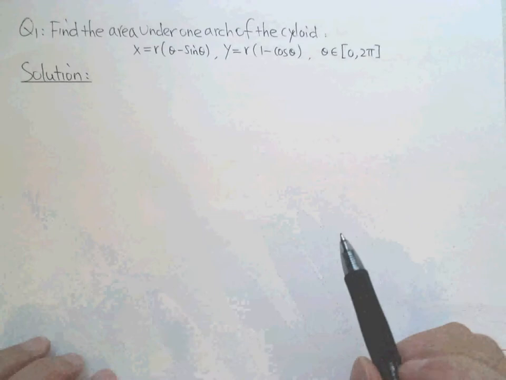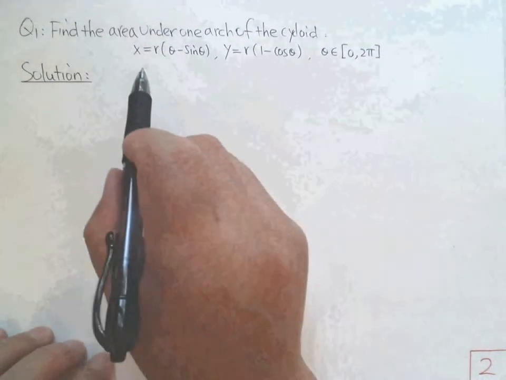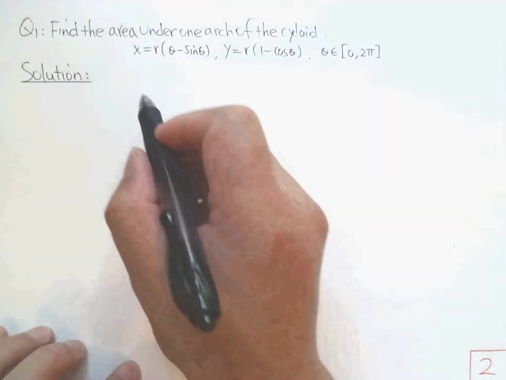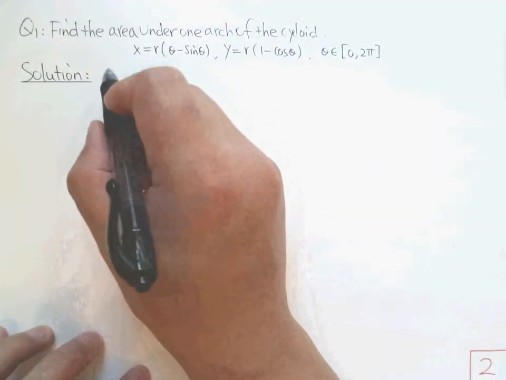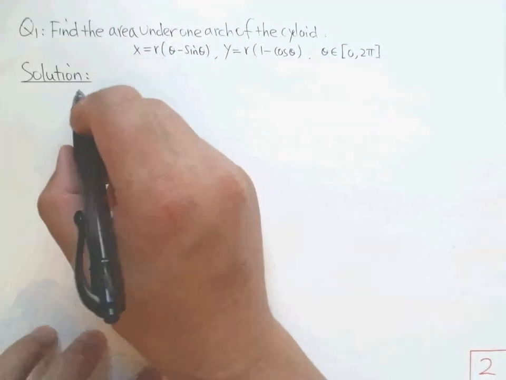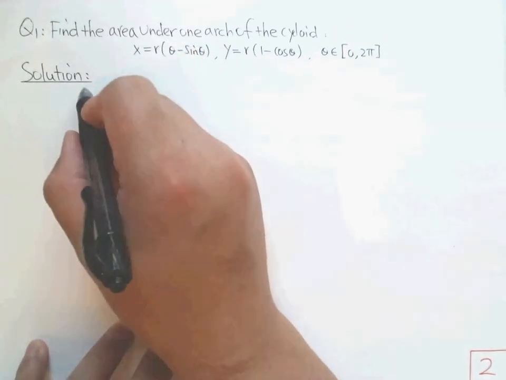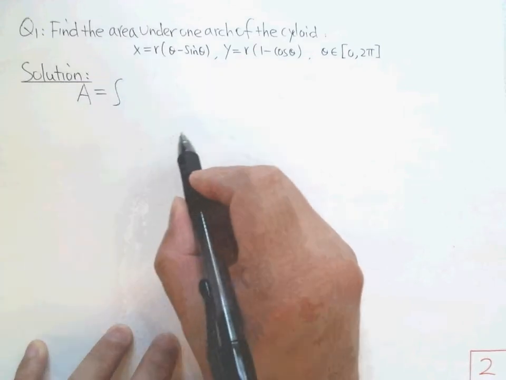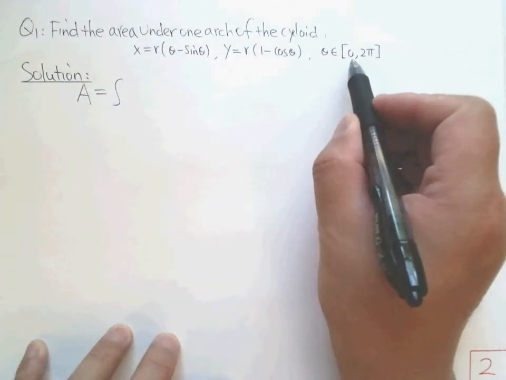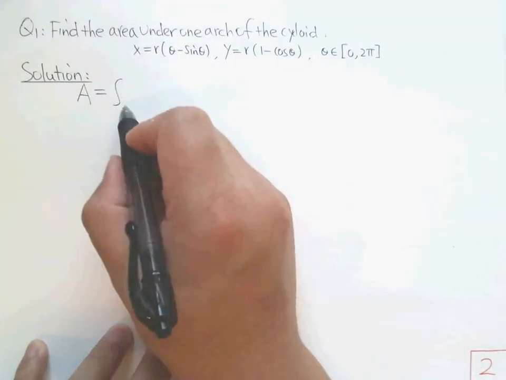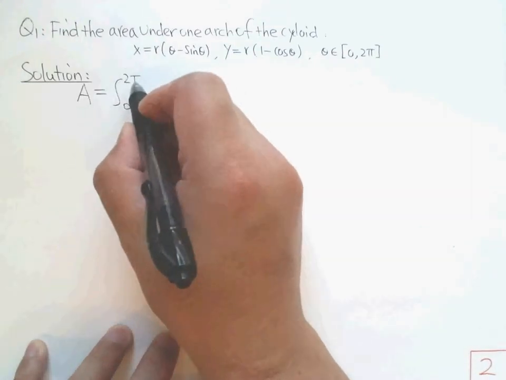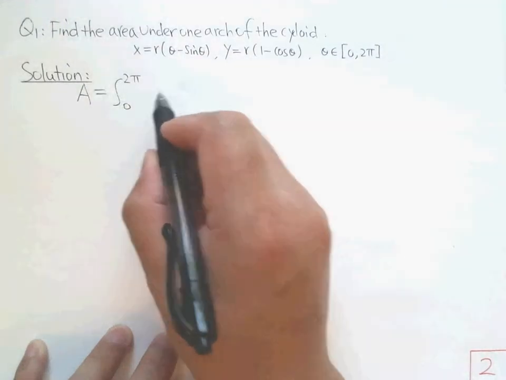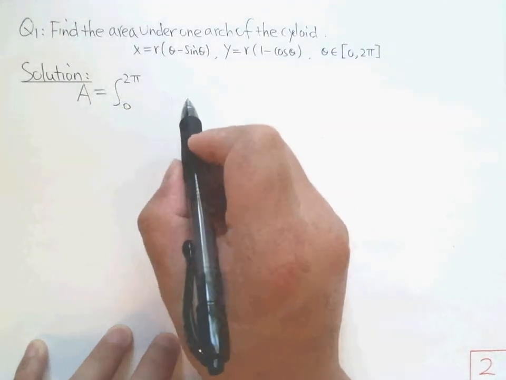The parameter is theta. I will say what is the area under the curve, and I will put it here. The area under the curve is the formula. The parameter theta is from 0 to 2 pi, which means this is alpha and this is beta. I don't know whether the answer is positive or negative, but I do need the positive.